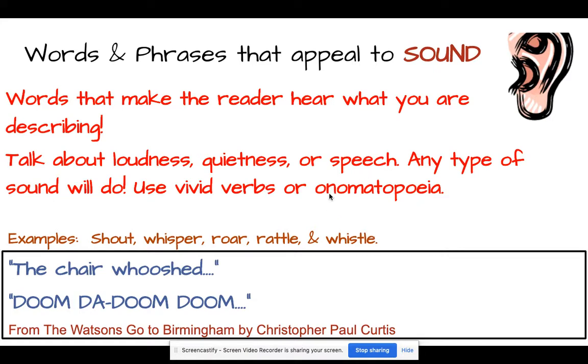An onomatopoeia is a word that actually mimics a sound. Some examples might be shout, whisper, roar, rattle, and whistle. In The Watsons Go to Birmingham, Christopher Paul Curtis talked about a chair whooshing and used the onomatopoeia doom da doom doom to describe the sound of a record playing.